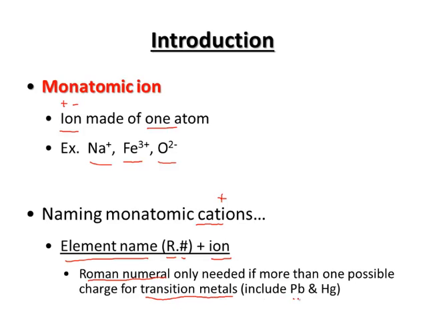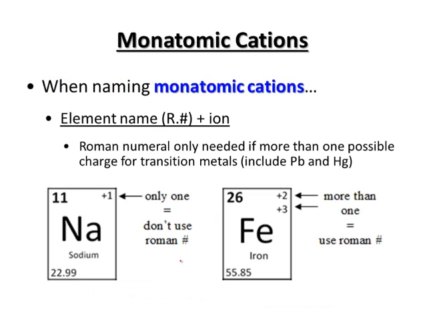We're going to include lead and mercury in there. So normally we just name the element and add the word ion, but if it's a transition element, anyone in the middle block on the periodic table, or lead or mercury, we're going to have to include the charge with a Roman numeral. We'll look into that in just a minute.